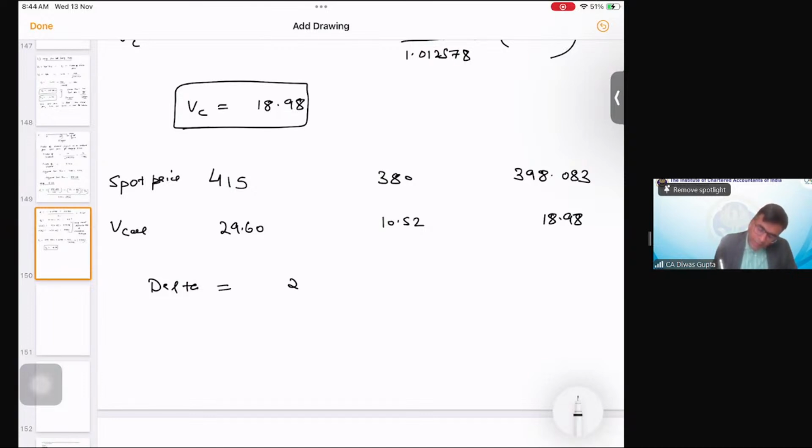So 29.60 minus 18.98, taking the 415 and 398 cases first, divided by the change in the spot price.